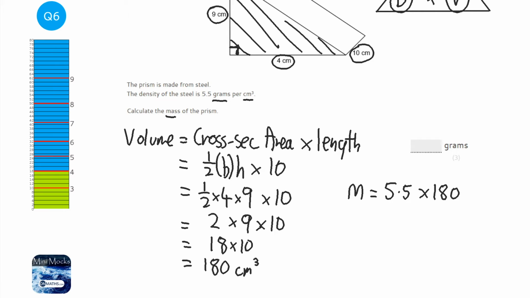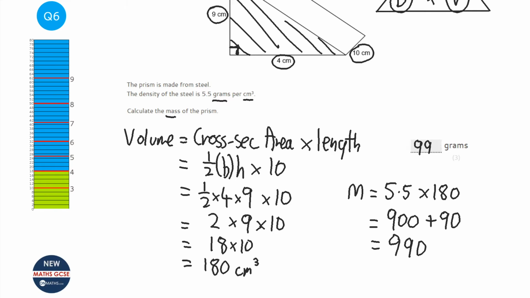If I have a calculator, I can just type that in. Otherwise, I can do 10 times 180, which is 1,800, then halve it, which is 900. Then half times 180 is 90. So that's 990. The answer is 990 grams.